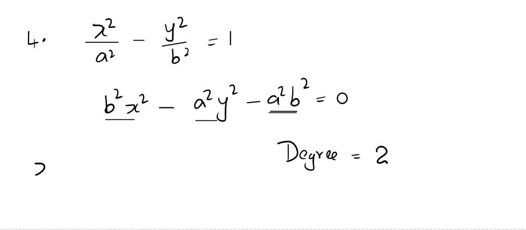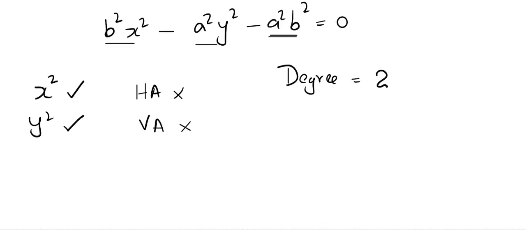Now, x square present means horizontal asymptote absent. Y square is present means vertical asymptote is absent. That means the only asymptotes present are oblique asymptotes, if asymptotes are present. So let y equal to mx plus c be the oblique asymptote.